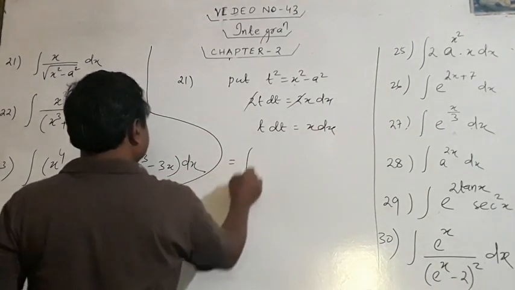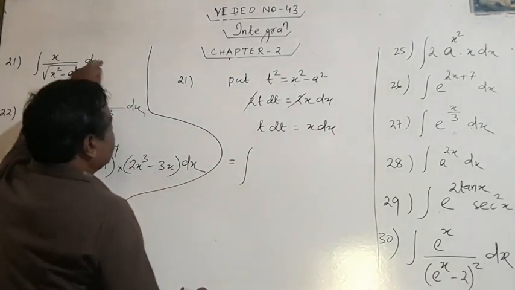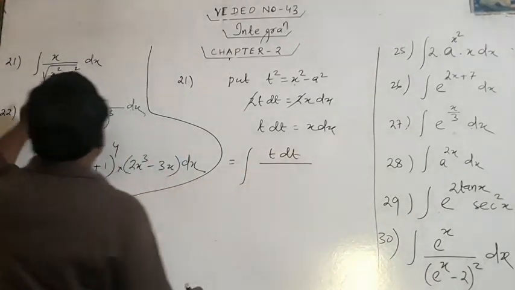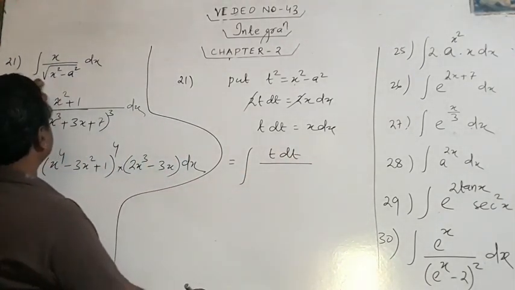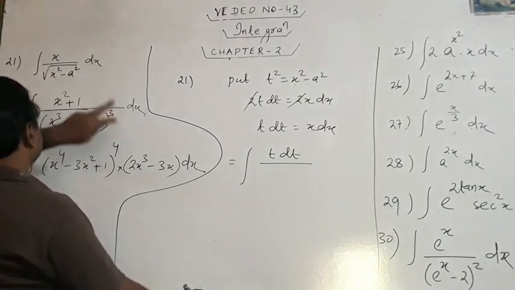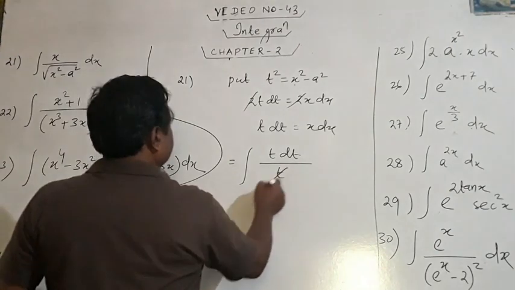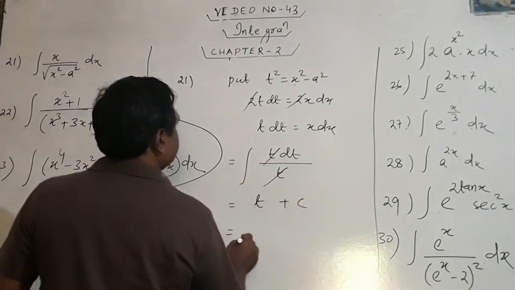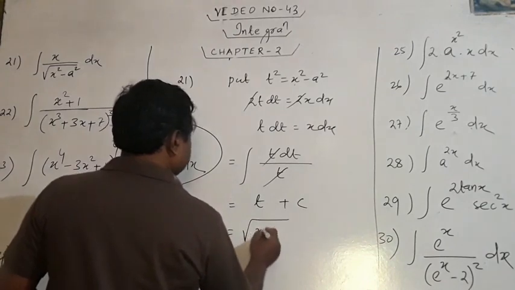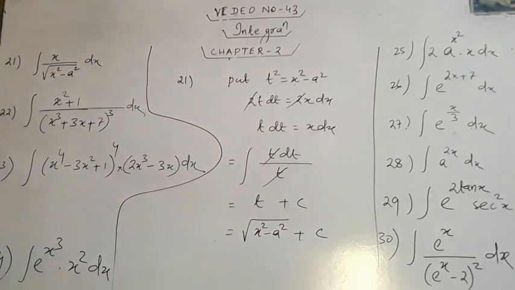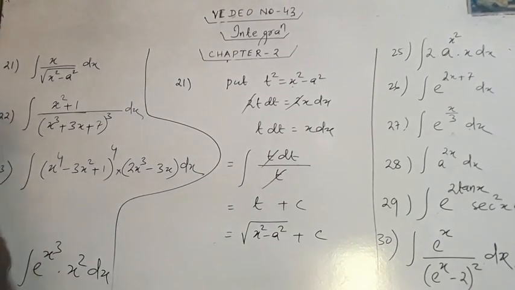And this integration becomes, in place of x dx we put t dt, over the square root of x square minus a square, and in place of x square minus a square we put t square. Its square root is t, so cancel. It becomes t plus c. What is t? It is the square root of x square minus a square, plus c. Okay, in place of 21 you have to put this.